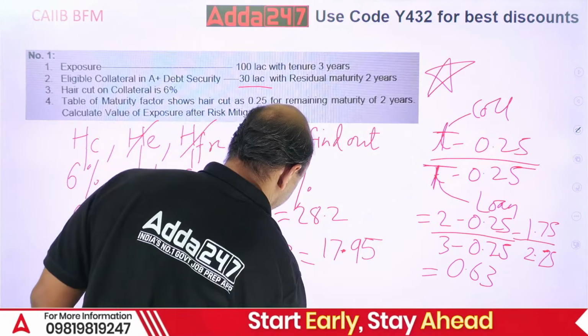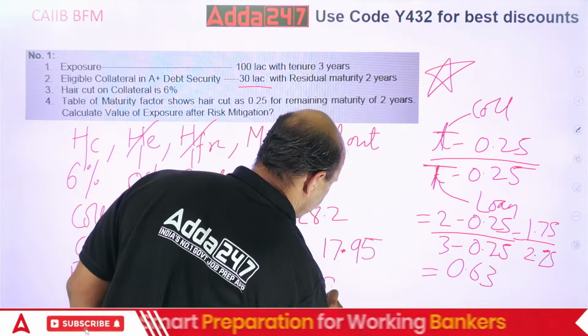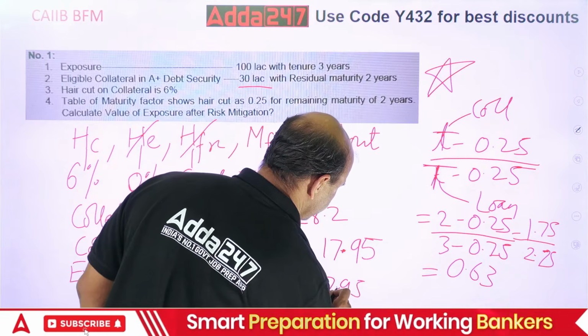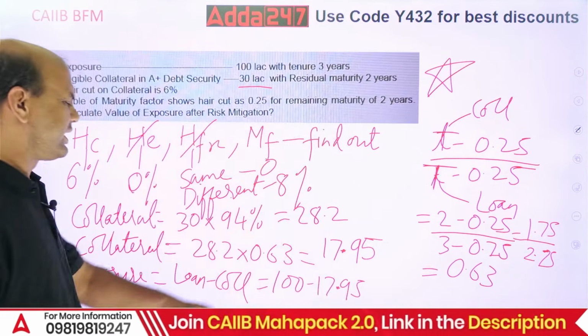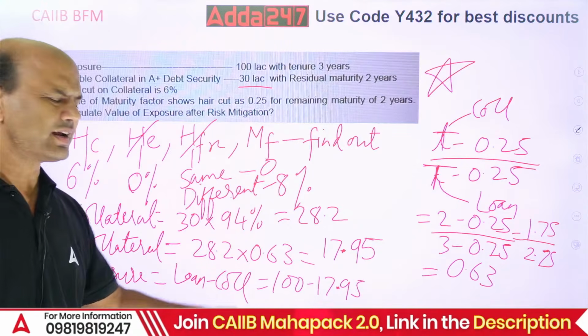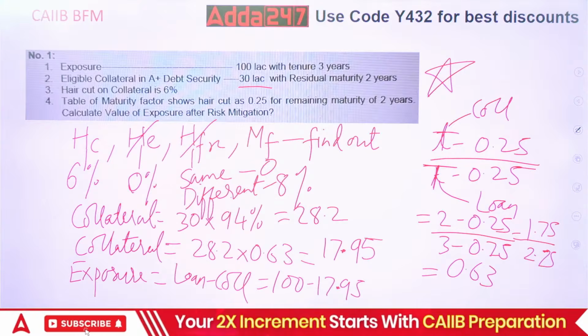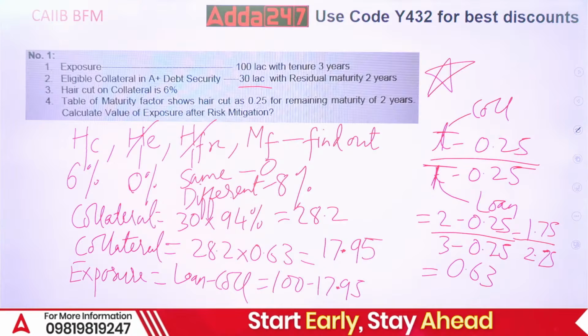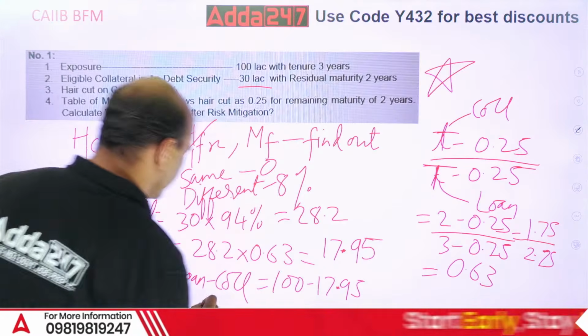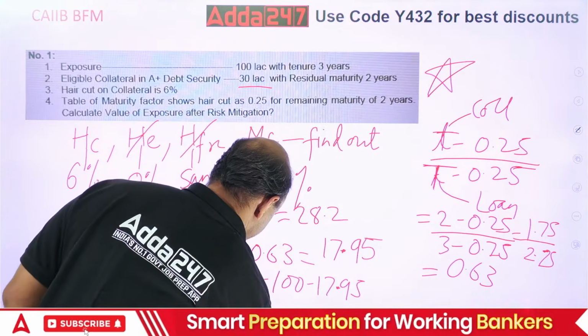Okay, 100 minus 17.95. You can take it as 18 also. So what are you getting? 82.05. Okay, so 82.05 lakh.